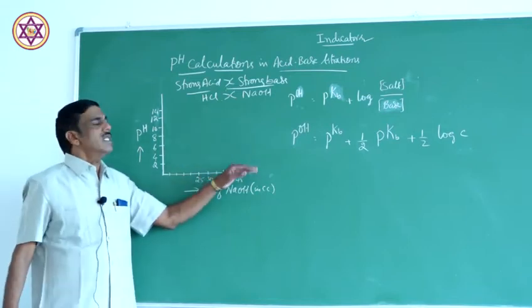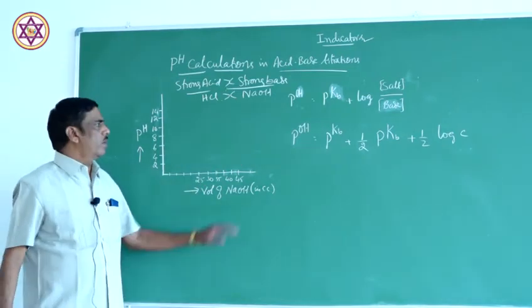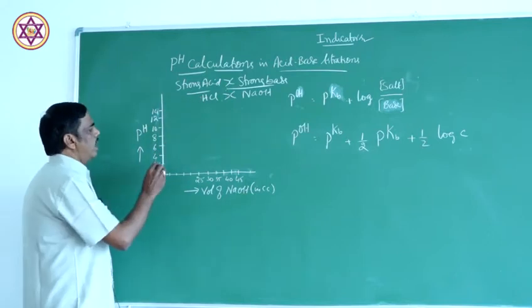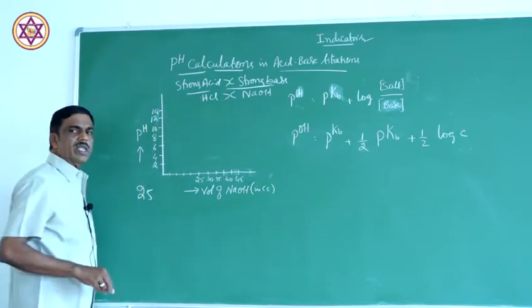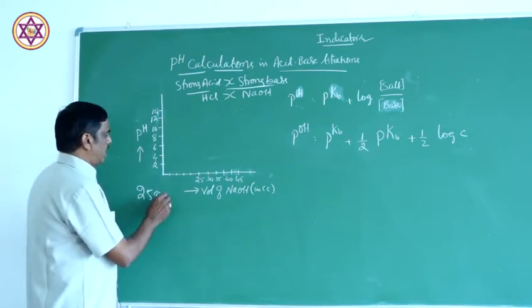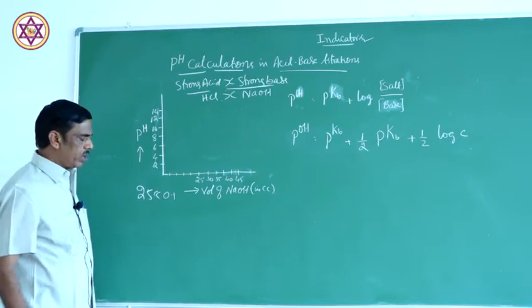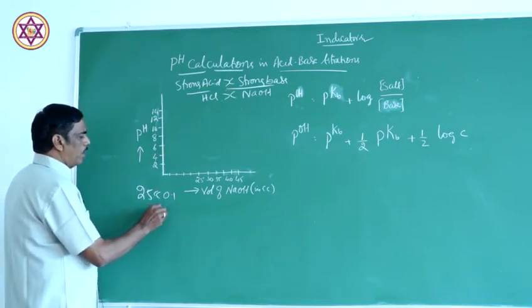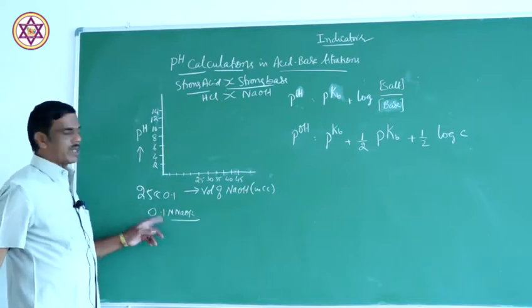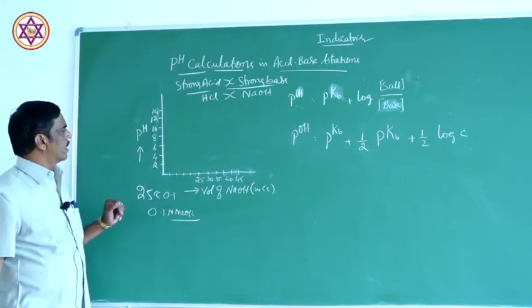What is the change in pH at the end point that we have to calculate here? Let us take 25 cc of 0.1 normal HCl solution in a beaker, and in the burette 0.1 normal NaOH. So both of them are a strong acid and a strong base.